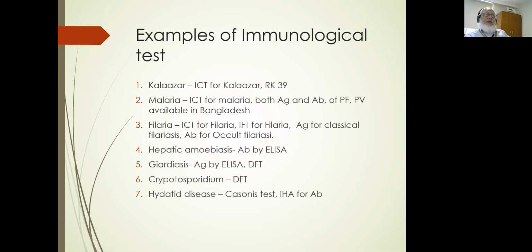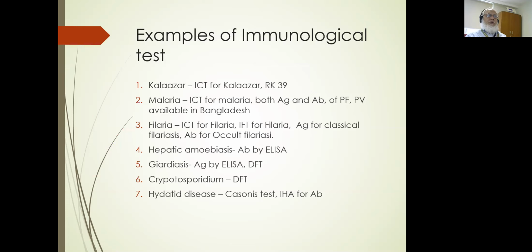Some examples of immunological tests used for diagnosis of parasitic diseases. Kalajor: ICT for Kalajor using RK39 is very sensitive and specific. Malaria: there is ICT for malaria, both for antigen and antibody, and Plasmodium falciparum and vivax can be differentiated.